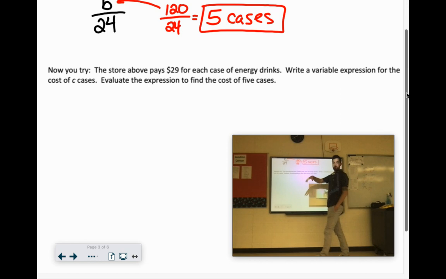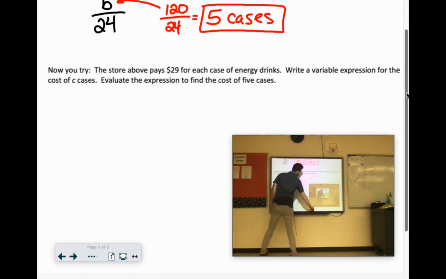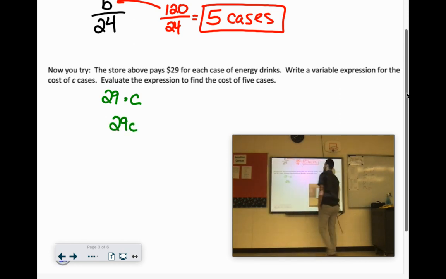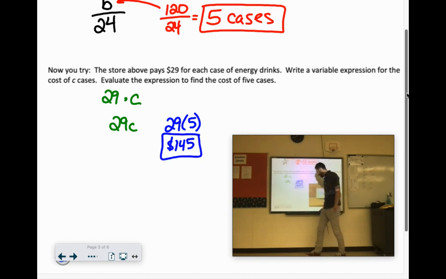Now, if each one of them is $29, we would just take the $29 and multiply it by the number of cases, which again, we did this last time. 29 times C, you just typically write as 29C. Then it says evaluate it for the 5 cases we just got. So 29 times the 5 cases, $145 for 5 cases. That's not a bad deal.